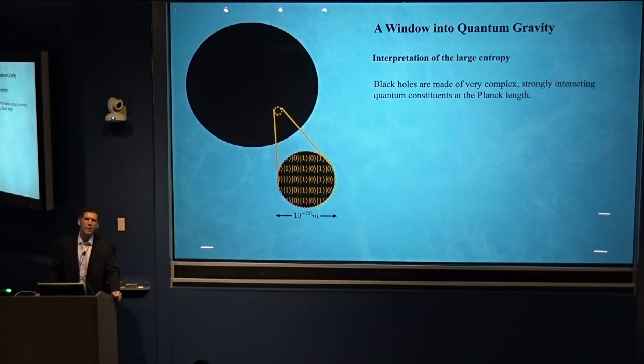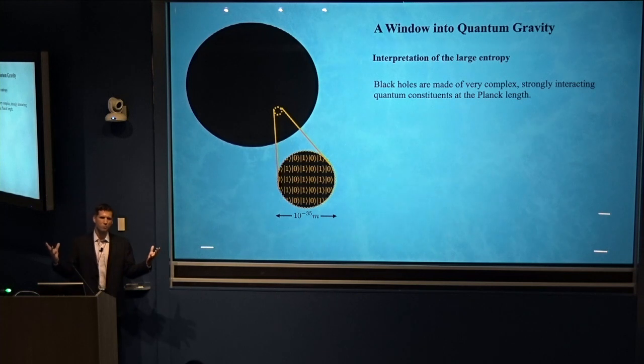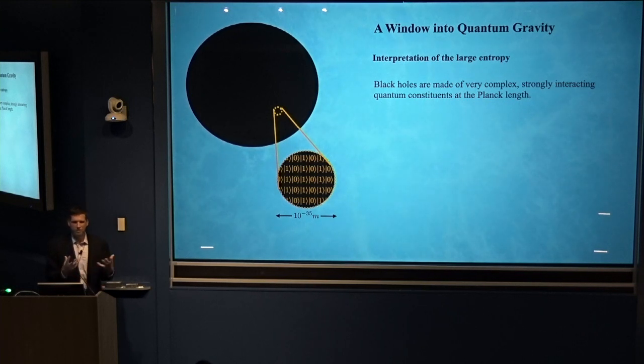So the analogy to have in mind here is something like a fluid. Okay, so thermodynamics, the laws of thermodynamics, apply to objects with lots of moving parts. Like the gas in this room obeys the laws of thermodynamics because it's made of lots of molecules. And individually, those molecules are behaving erratically.